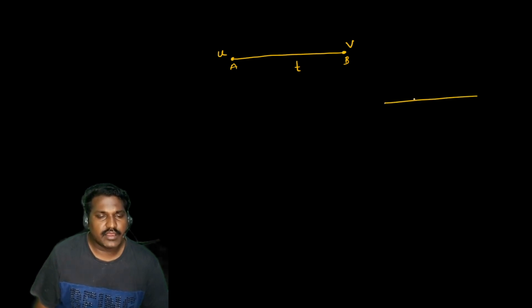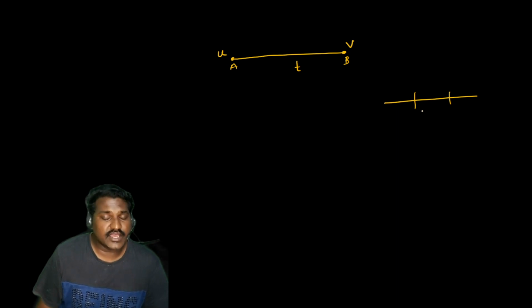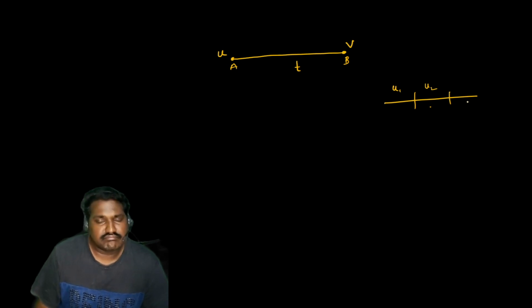For example, in different problems, we have scenarios like this. For a distance of 10 kilometers, it will travel with a velocity of u1, for 20 kilometers it will travel at u2, and for some other 10 kilometers it will travel at u3.